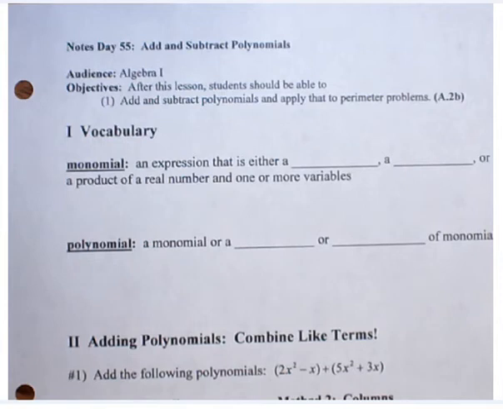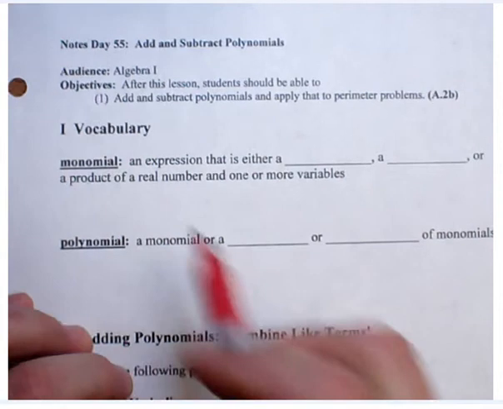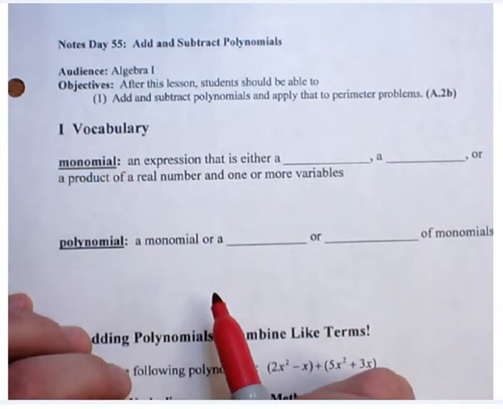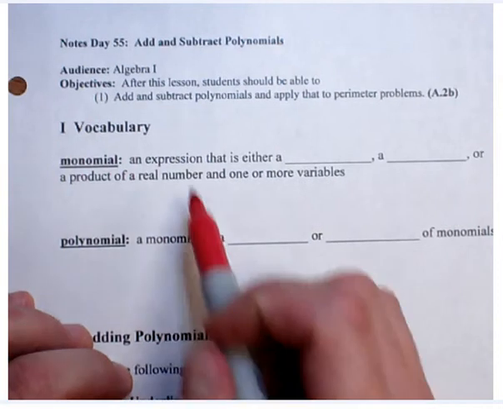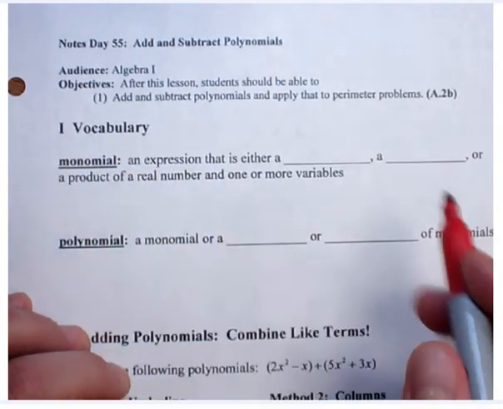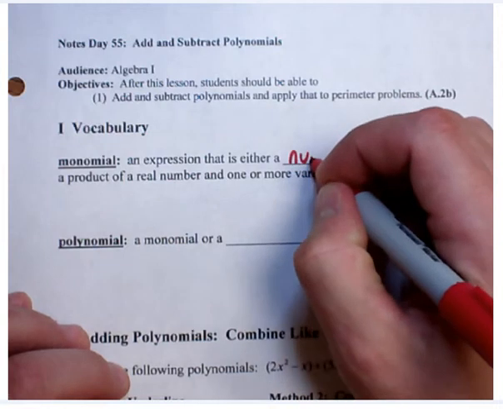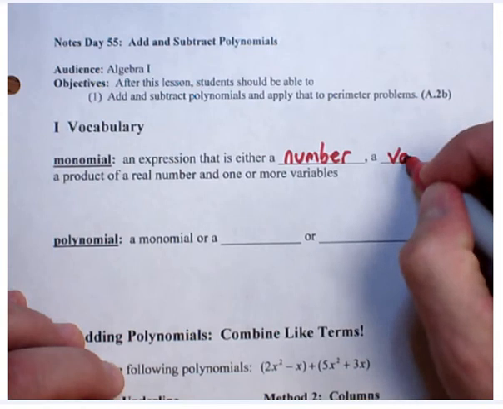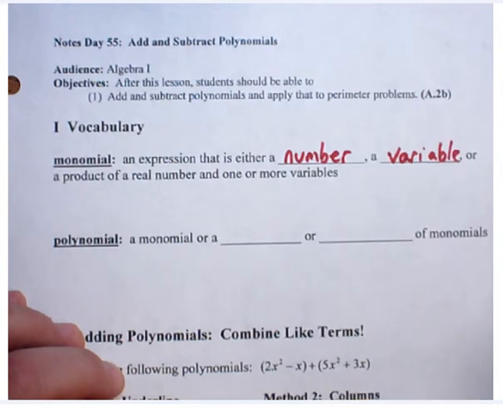Okay, so let's get to the notes here. First thing we'll do is we'll talk a little bit about vocabulary, and we'll do a little review here as well. A monomial is an expression that could be a number, could be a variable, or a product of a real number and one or more variables.